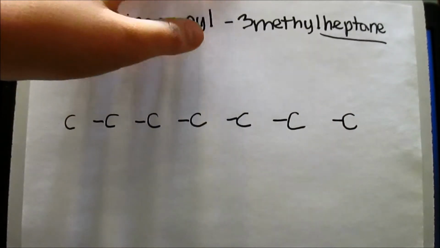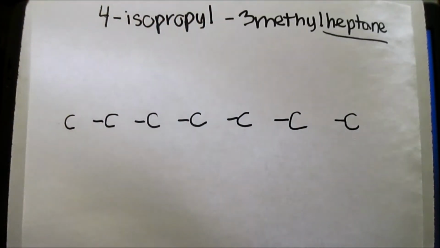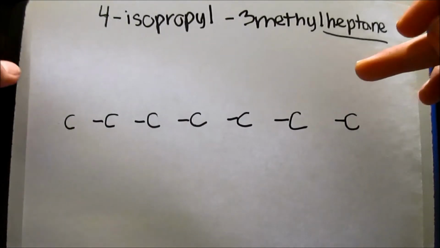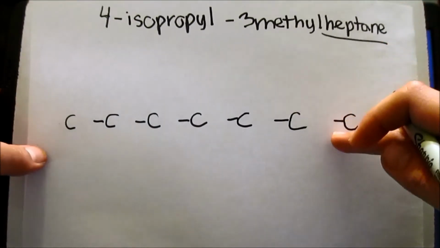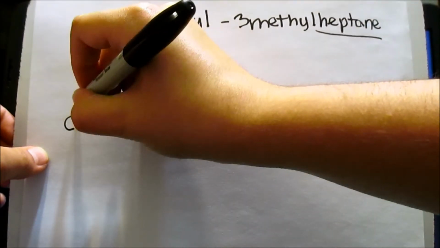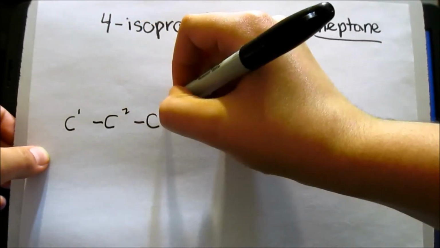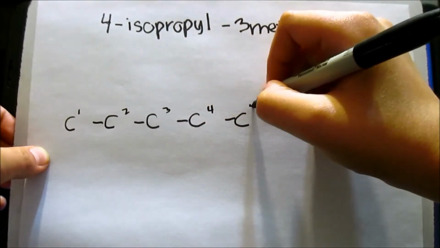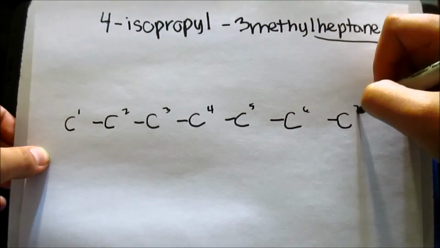As you get practice, you don't need to put the numbers on each carbon. Then number the carbons. I will do it because it's easier for you. 4, 5, 6, and 7.